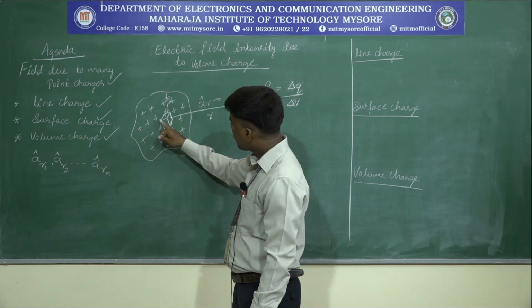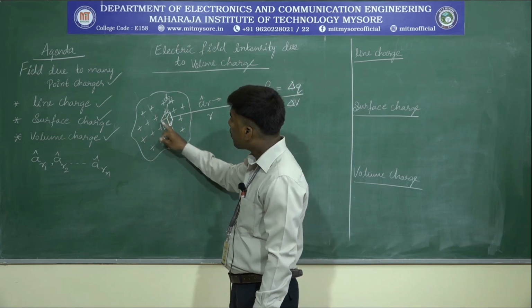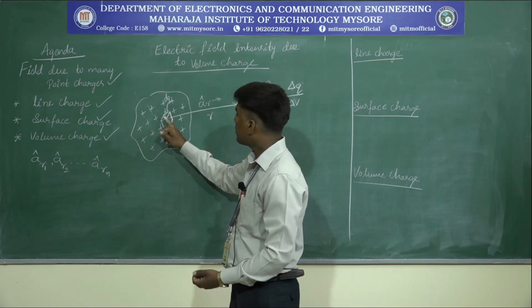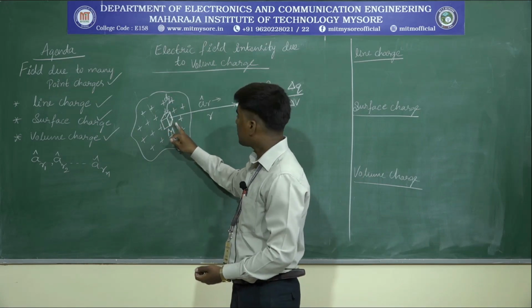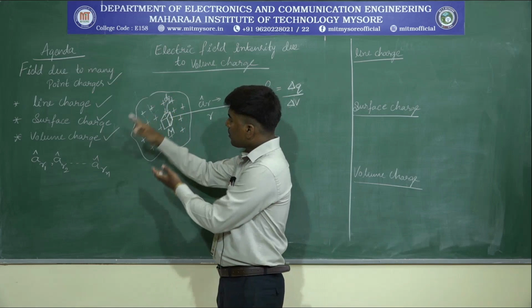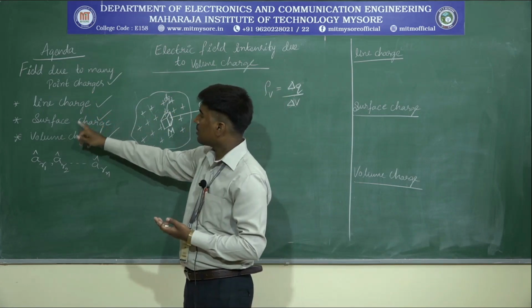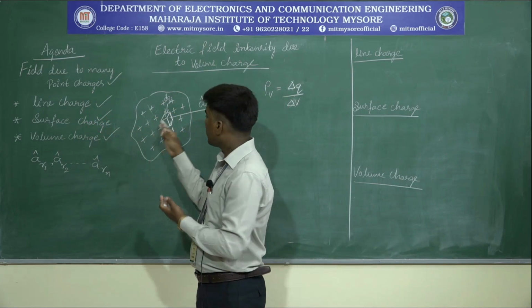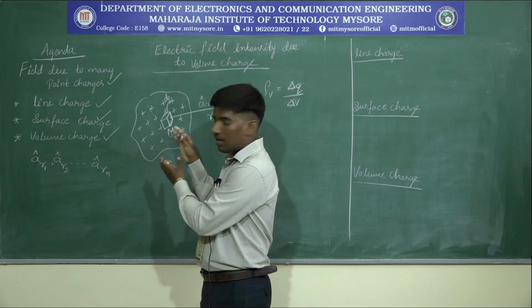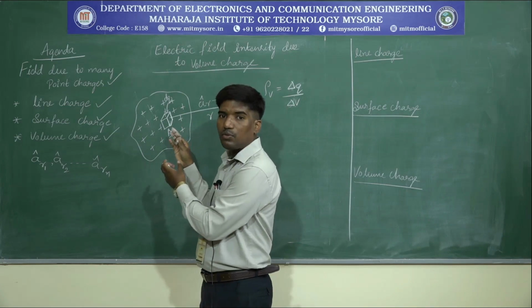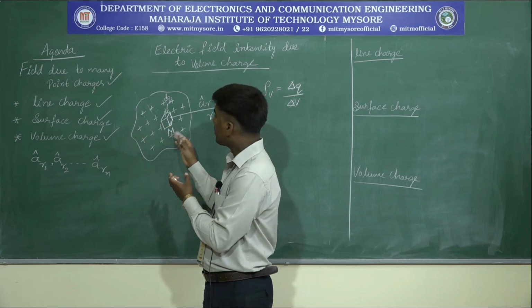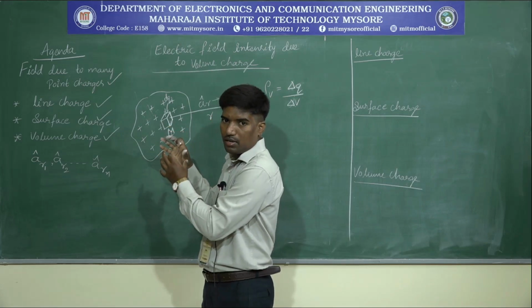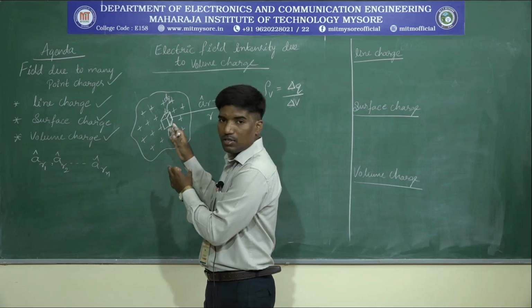Under this, we have to consider a volume of charge which is a three-dimensional one. So you need to have special interest here. In the previous two cases, under line charge and surface charge, the charge area we have considered is one-dimensional or two-dimensional, but here it is a three-dimensional one. We need to consider volume of charges, right?